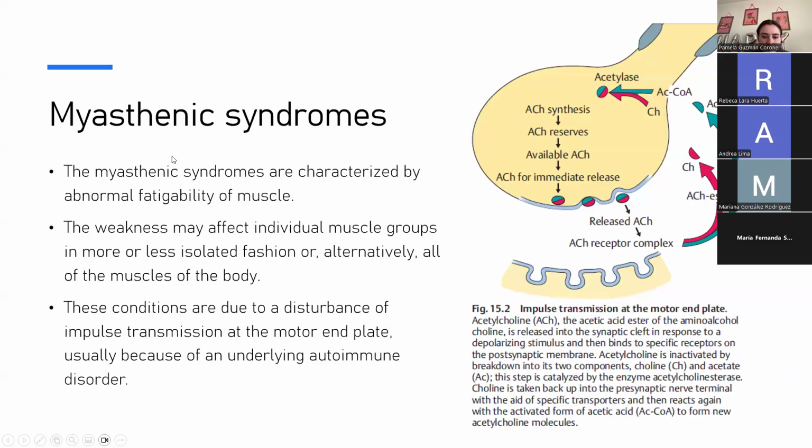And if we talk about the myasthenic syndromes, we're going to talk about autoimmune disorders. Okay, so myasthenic syndromes, autoimmune disorders. Good, perfect.